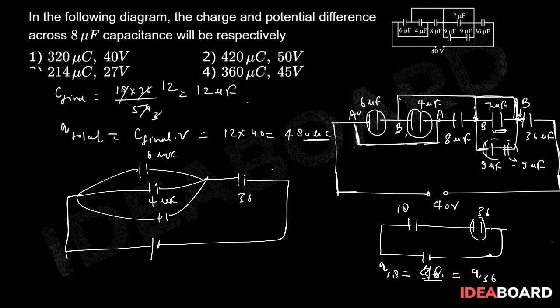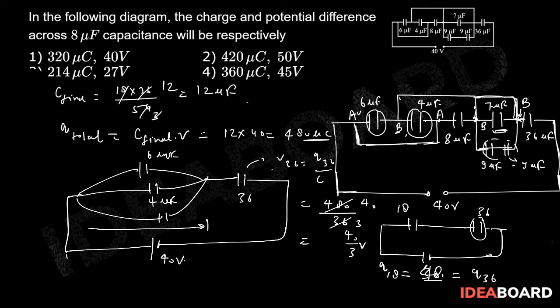So basically I need to find the potential drop V36, which will be Q36 by C, and this will be 480 divided by 36, so this will be 40 by 3 volts. Total supply is 40 volts, so I can calculate the remaining one, let's say V dash. V dash will be equal to 40 minus 40 by 3. If I am not wrong, this will be 80 by 3 volts.